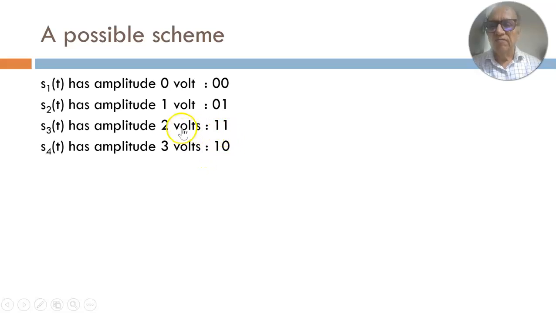Note again, if this is confused with s3, there is only a 1 bit error. Understand that if instead of this assignment, suppose we had said 1 0 here and 1 1 here, then if s2 is confused with s3, there is a 2 bit error. That is the reason this kind of assignment is done, and this is called Gray coding.